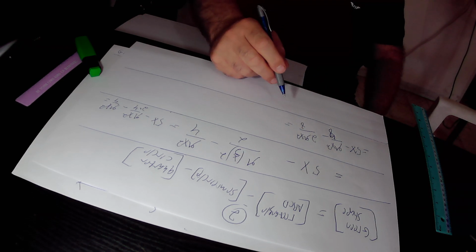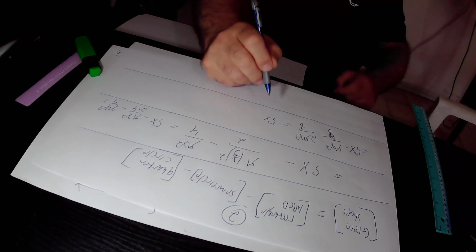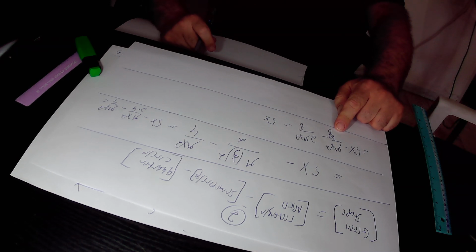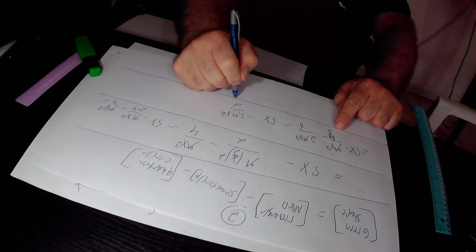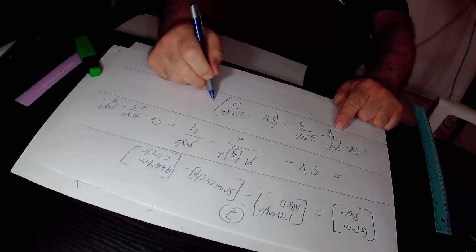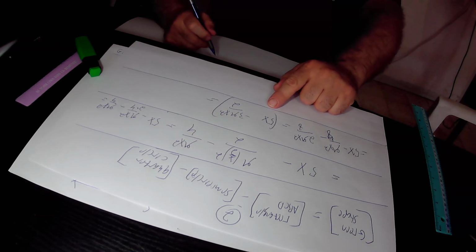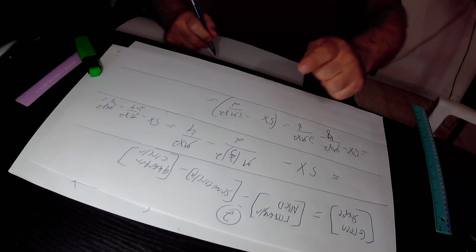So the area of the green shape equals 5x. Here we have minus pi x squared over 8 minus 2 pi x squared over 8, which is minus 3 pi x squared over 8.